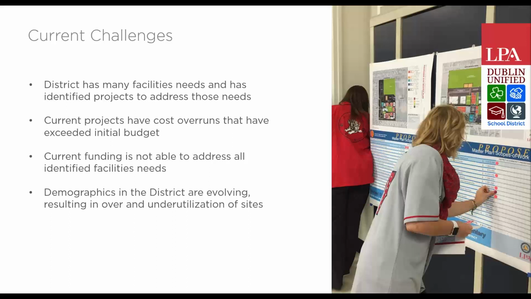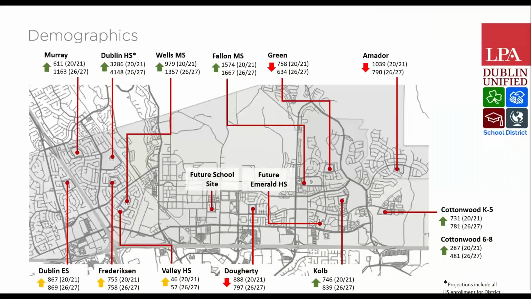Ultimately, what we're trying to do is align the projects with the available budget that the district has on hand. That's really our task here for this master plan. Next slide. I will quickly go over some of the evolution of those demographics.